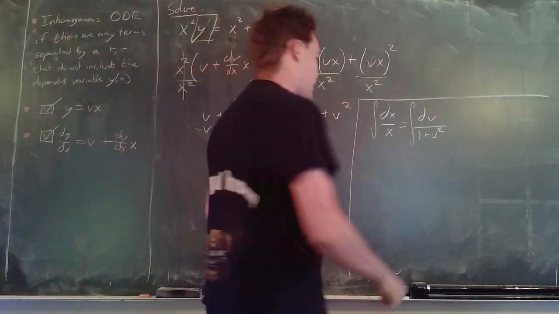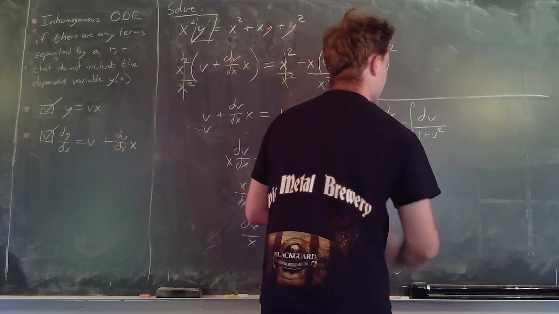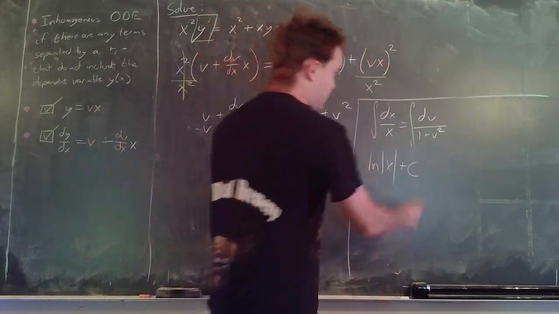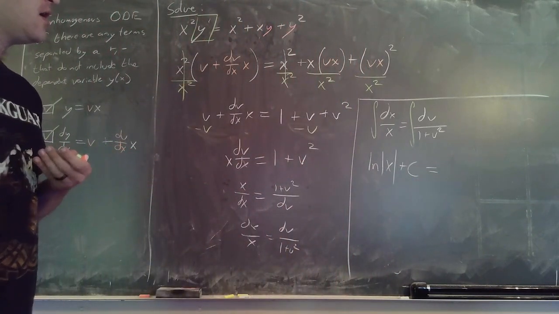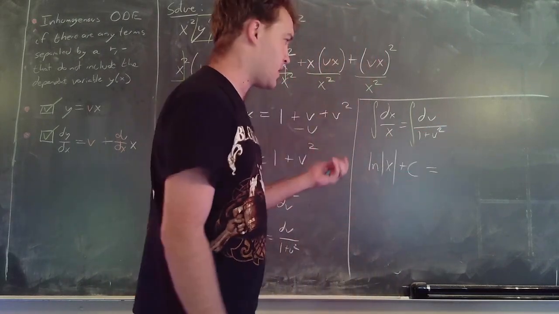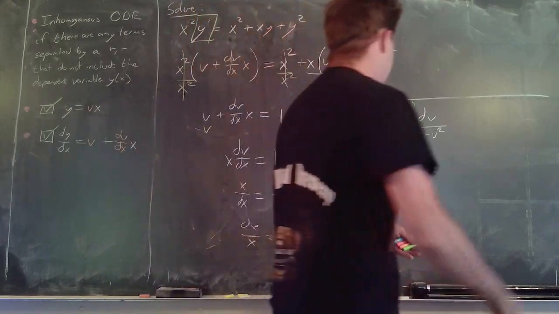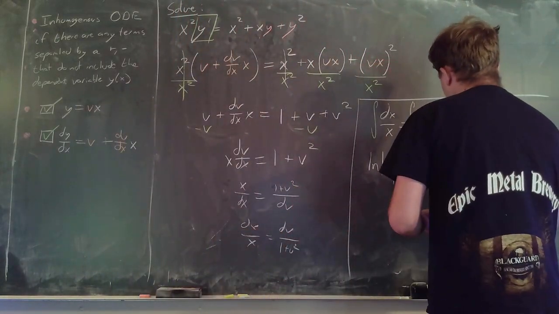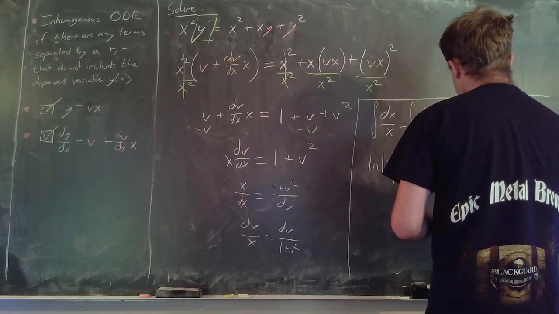Now dx over x, of course, is just the natural log of the absolute value of x, and I'm going to include this constant term here. And on the right-hand side, notice that I have this dv over 1 plus v squared. Well, that's 1 over 1 plus v squared, which is the arctangent derivative. So this is the arctangent of v.